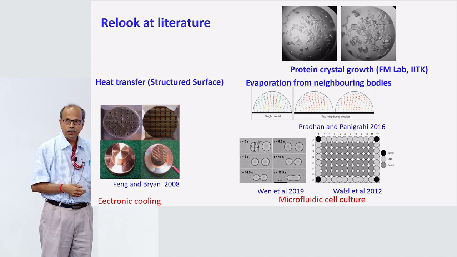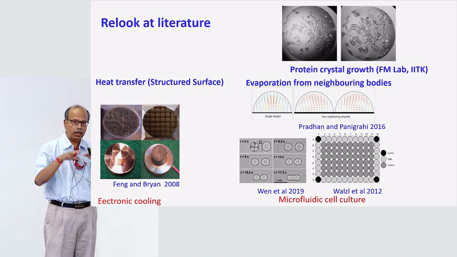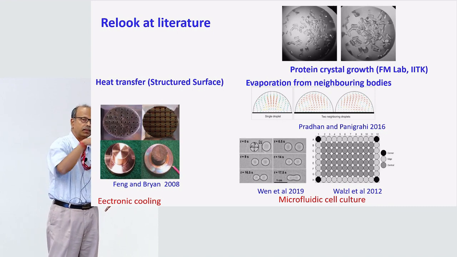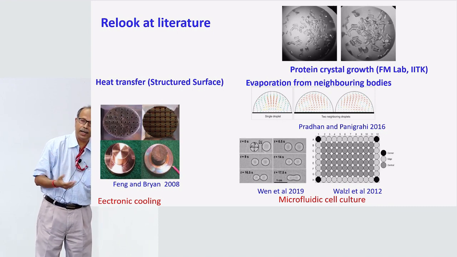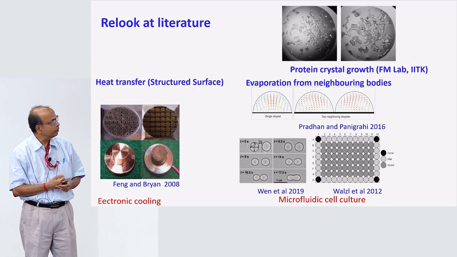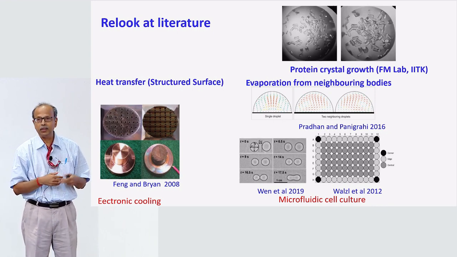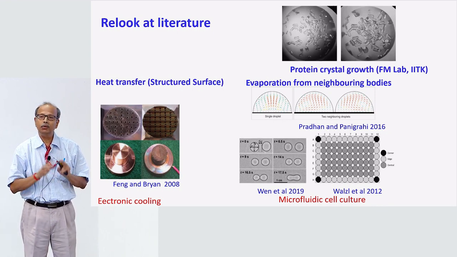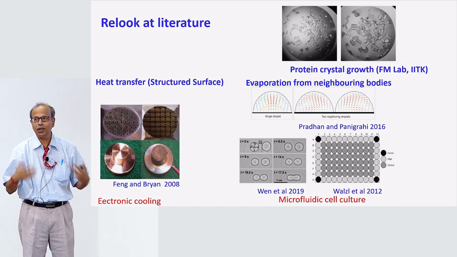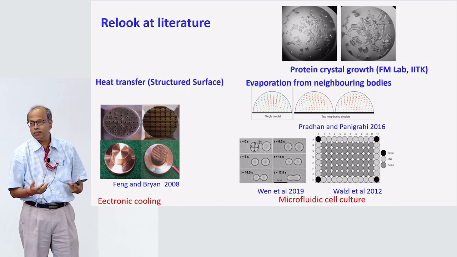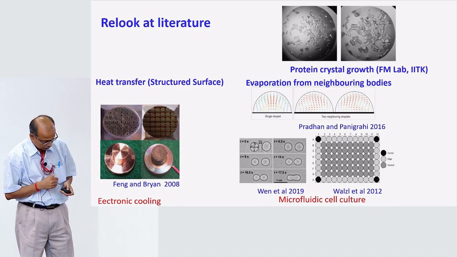And at that time, we saw non-uniformity in the protein crystals from different droplets, and we had no idea why. We thought it was an experimental uncertainty, and we left it there, saying that we could not do a good job with a multiple droplet configuration.